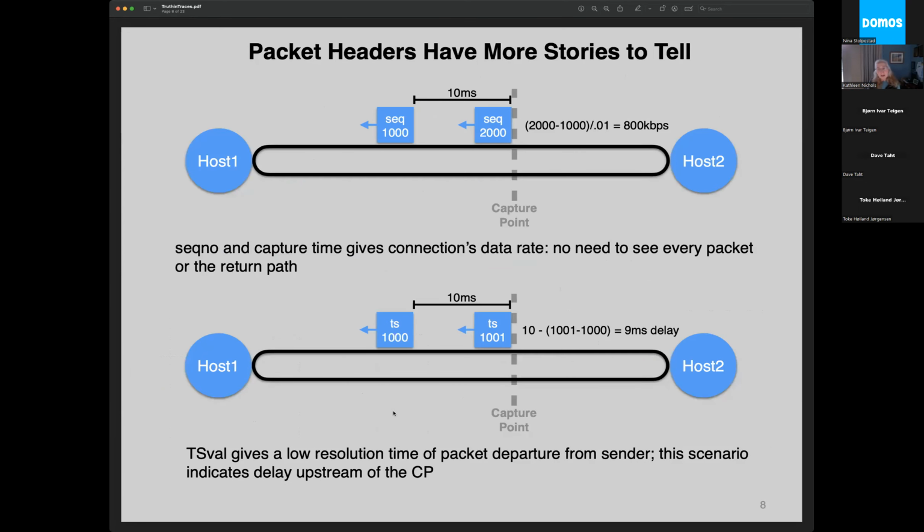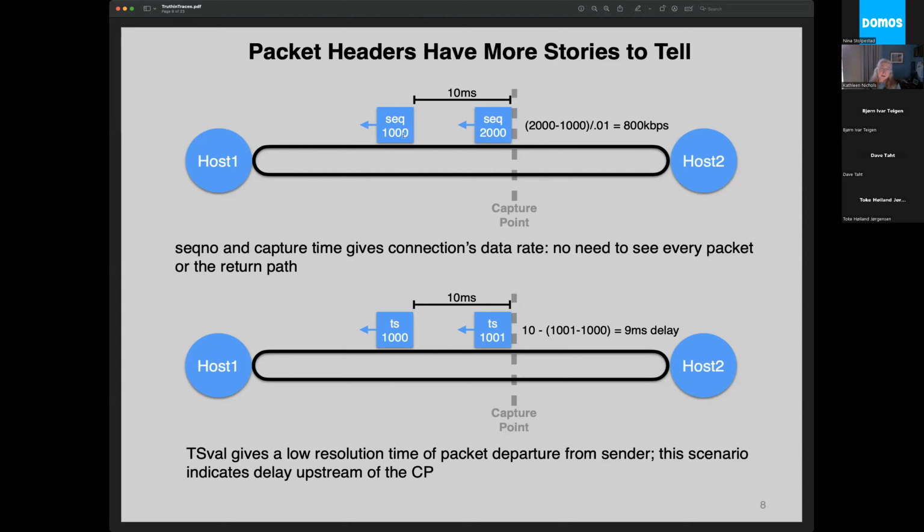Beyond the passive ping approach, packet headers have even more stories that they can tell us. One way to think of this is, what if we put a capture point between two hosts that are communicating?